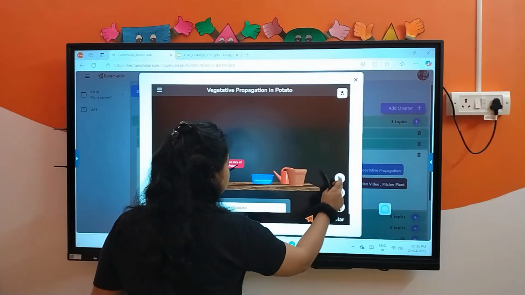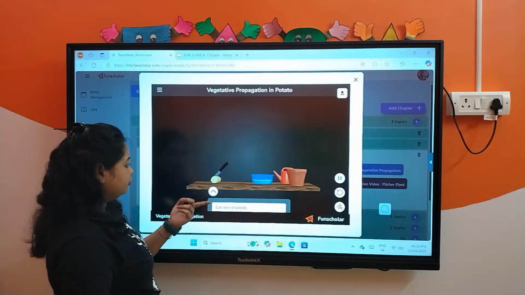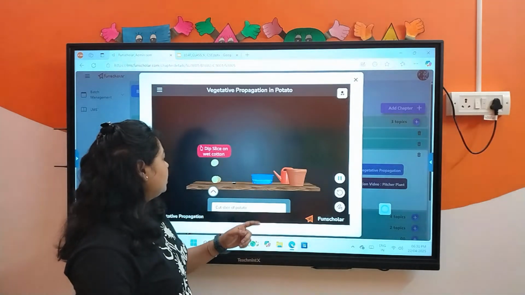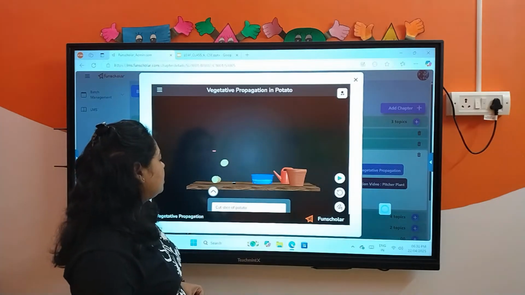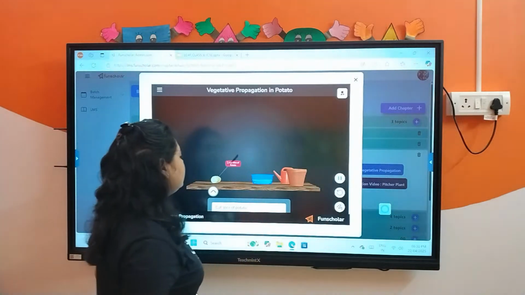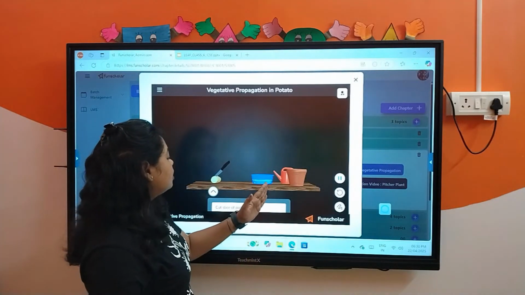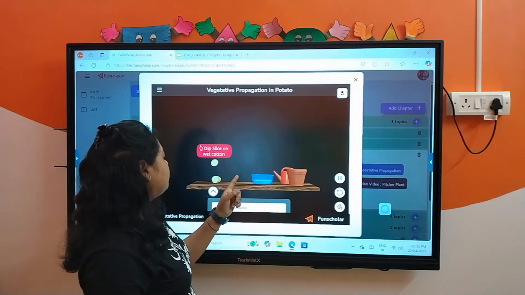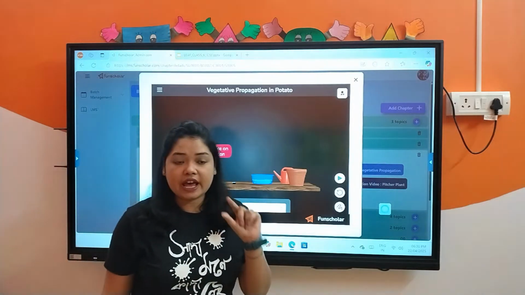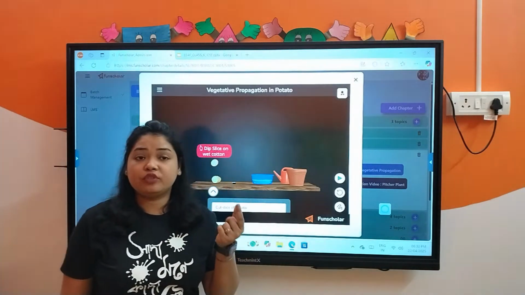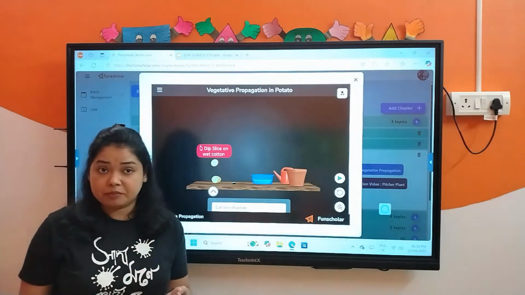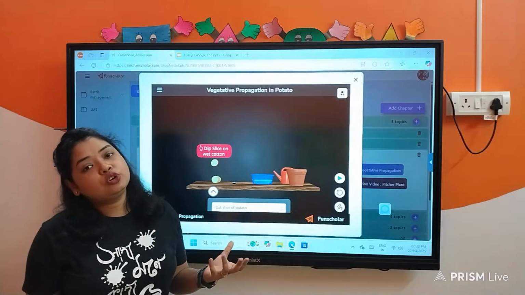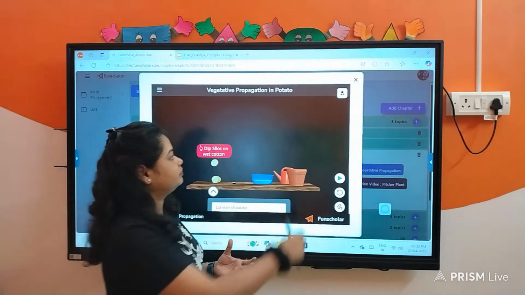So you can see, if we cut a slice of a potato and plant it in the soil, and in this case the cotton will act as the soil and water it, then what will happen, I already told the eye of the potato, they are the nodes, and from those nodes the buds will come out. So if we plant it, then you will see that the potato plant will grow from those buds.